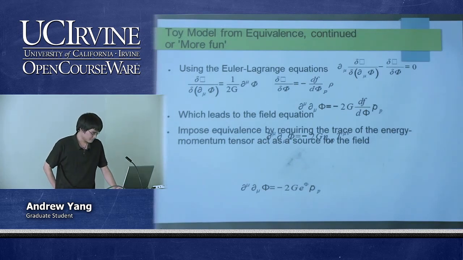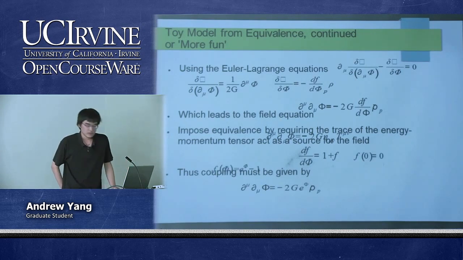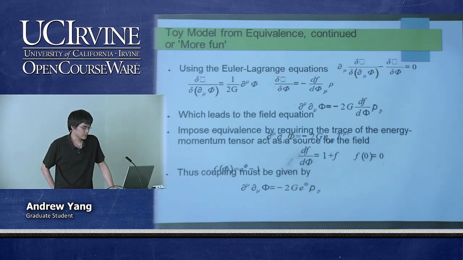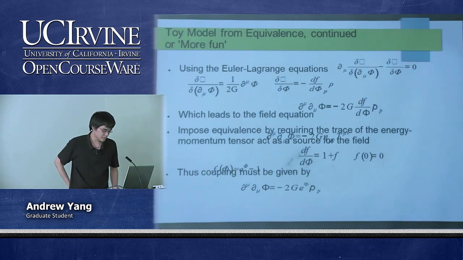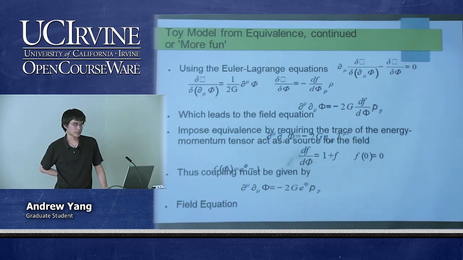And the coupling, we can solve from the Euler-Lagrange equations and require that there's no coupling when the field is 0. We can also solve a field equation in terms of the coupling interaction.